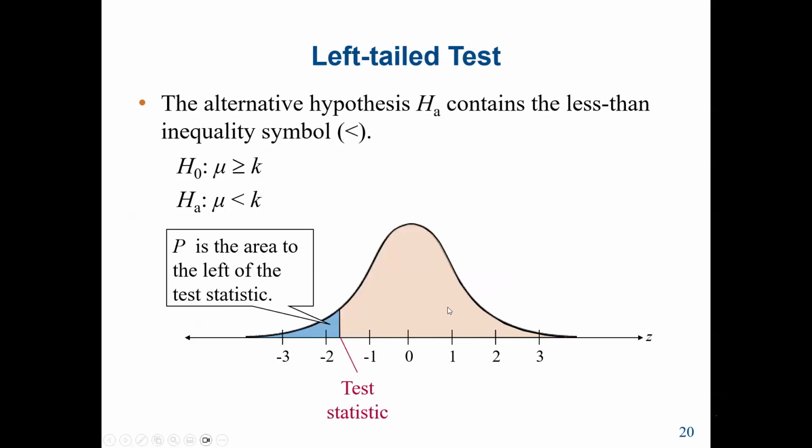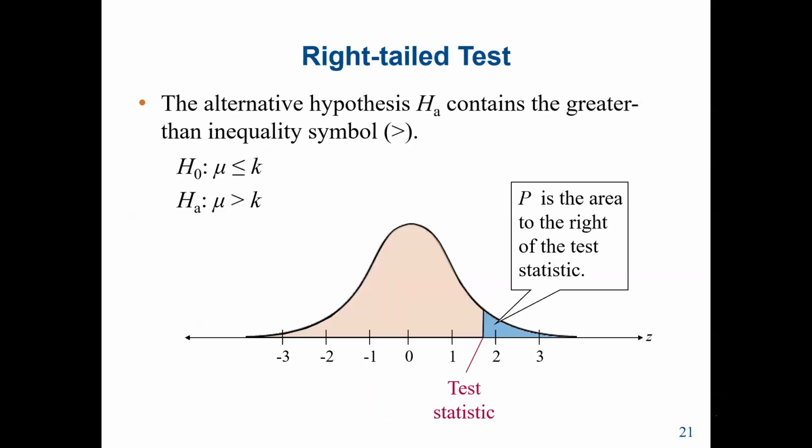Here we can see greater than or equal to K, so the brown area is also the same thing. We fail to reject H0. So that's the whole concept here.